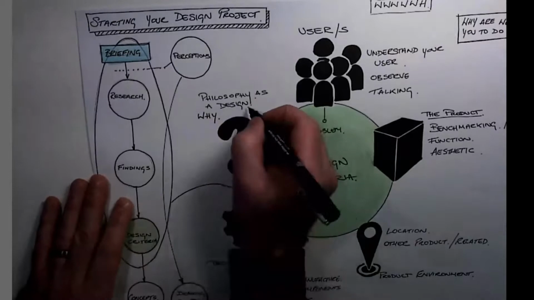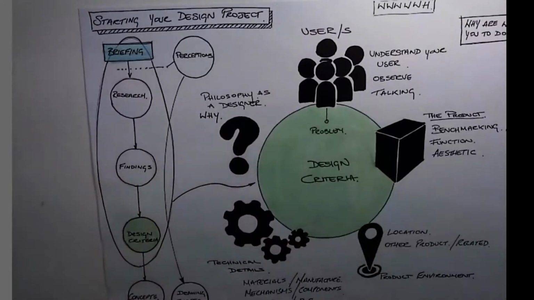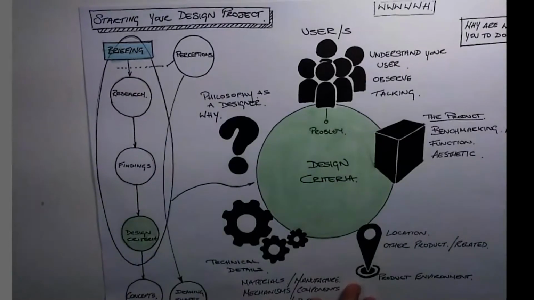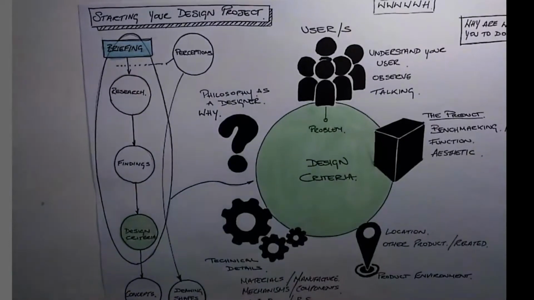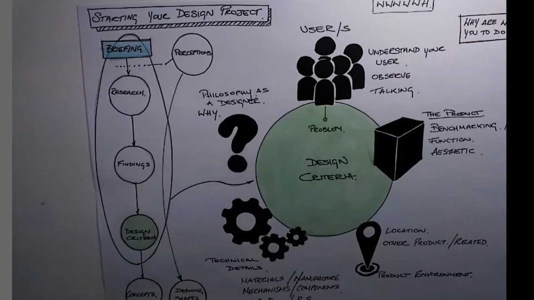Now, if you look at something like a product catalog, you'll see hundreds upon hundreds of products in it, and you're looking at it going, oh my god, the amount of plastic that is being developed or still used and so on. And you might make a decision, I don't want to be that kind of designer that's just fueling this thing. So we've asked you to design a salt and pepper shaker, but you might be asking yourself, does the world actually need another salt and pepper shaker? How is this going to make a difference?